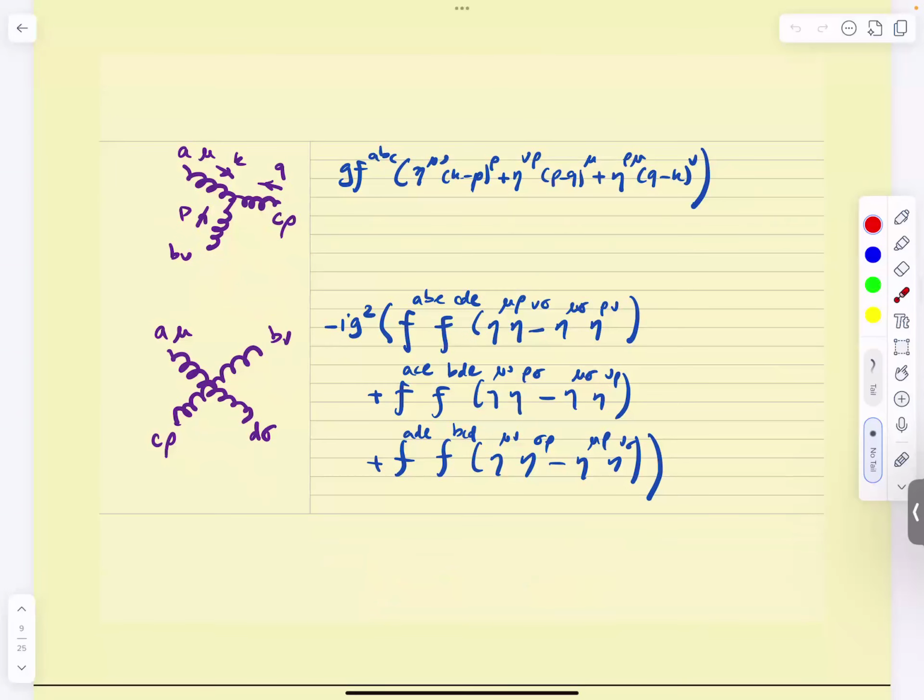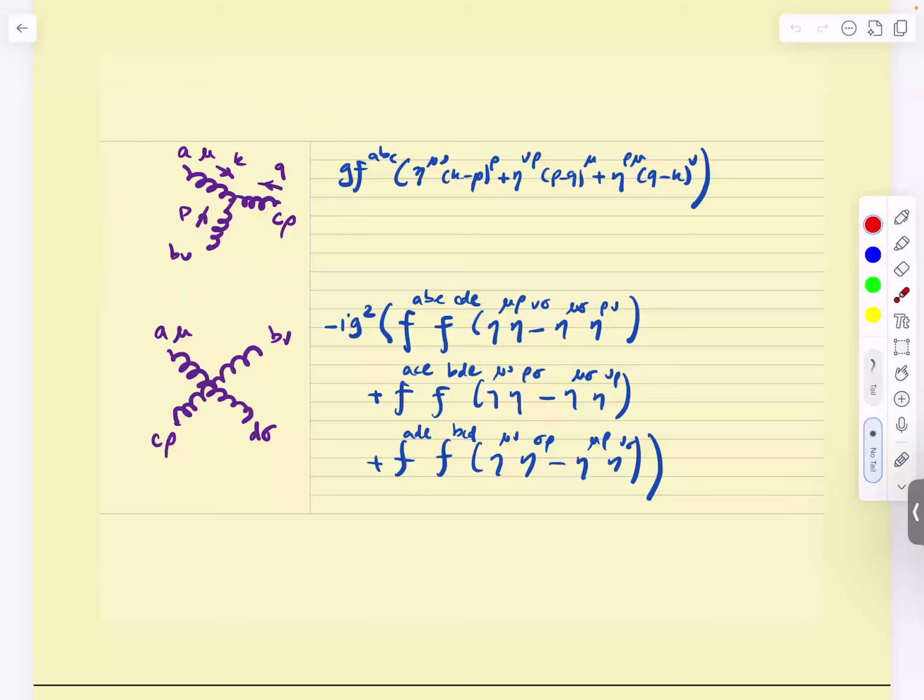All right, but now you have a 3 gauge boson vertex and a 4 gauge boson vertex and nothing more, right? In the expansion of F mu nu squared, the covariant derivatives appear, and each covariant derivative can have 0 or 1 A term. So you're going to get a standard kinetic term, a 3-point function, and a 4-point function.